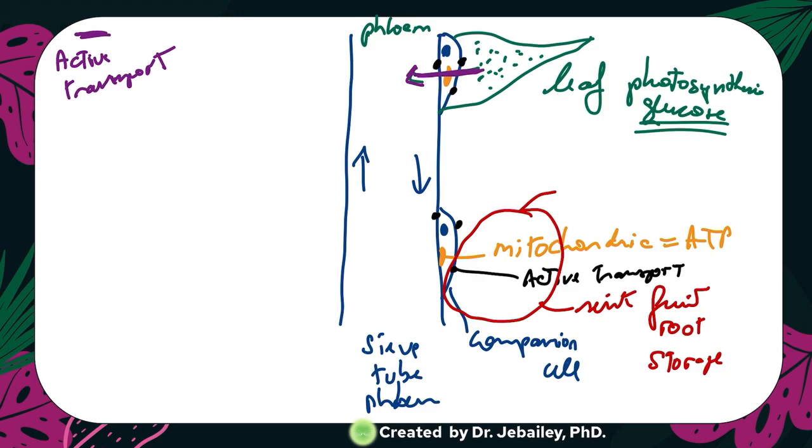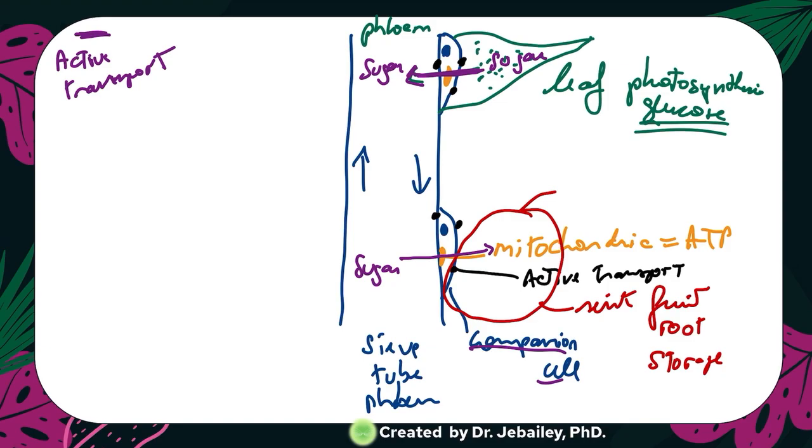Right? So that means the sugar is moving from the leaf and the sugar is getting to the phloem. Okay? That's the pathway. Once the sugar gets down here, it's the same thing. The sugar will move the same way through active transport, passing through the companion cell, which is right between them, to get to the fruit or the root and then be stored there. So in both cases, active transport.